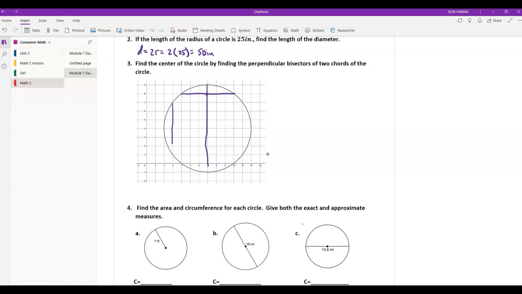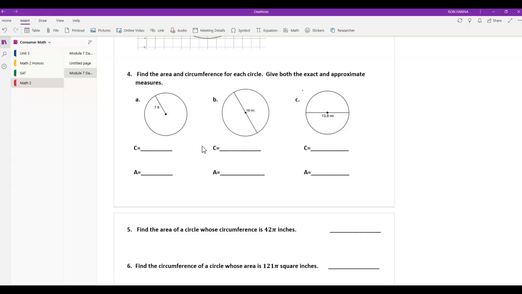So I'll draw another chord in, right? And I'll see 1, 2, 3, 4, 5, 6 again. So I'll go in the middle and I'll draw a perpendicular bisector. And if I look, the center of that circle will be at the ordered pair 7, 4.